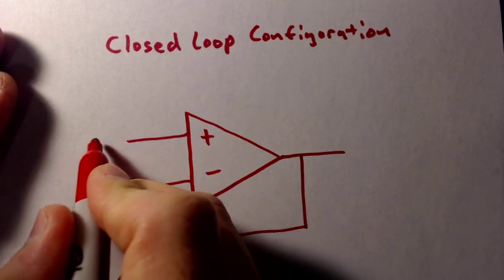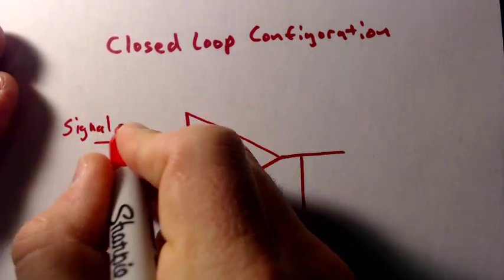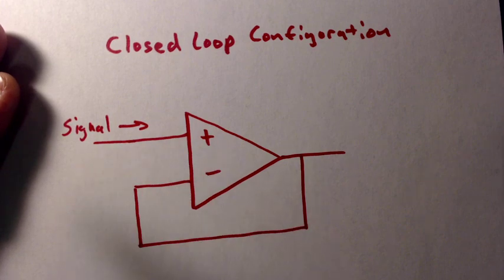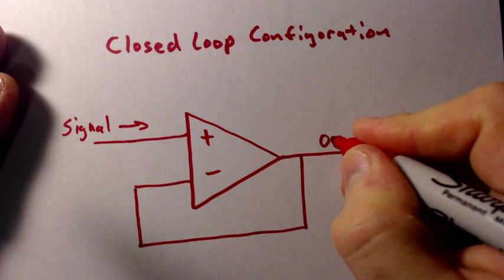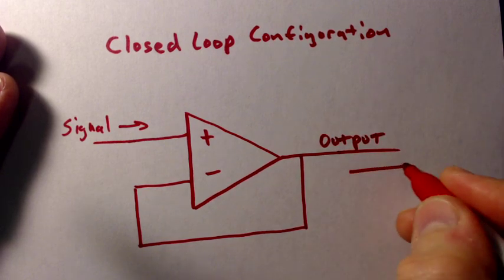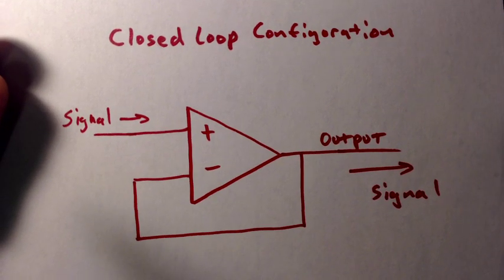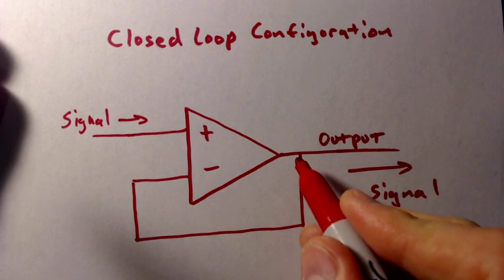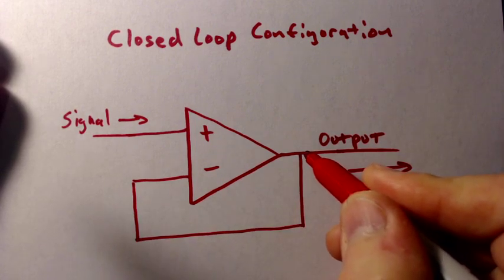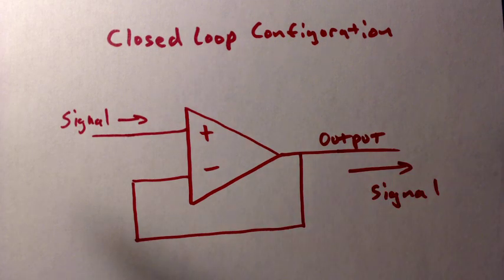So we still have some signal being fed into one of the inputs, and on the output we still have some wire providing us an output of our signal, but somewhere we have a path from the output all the way back into one of our inputs, or all the way back into both inputs.